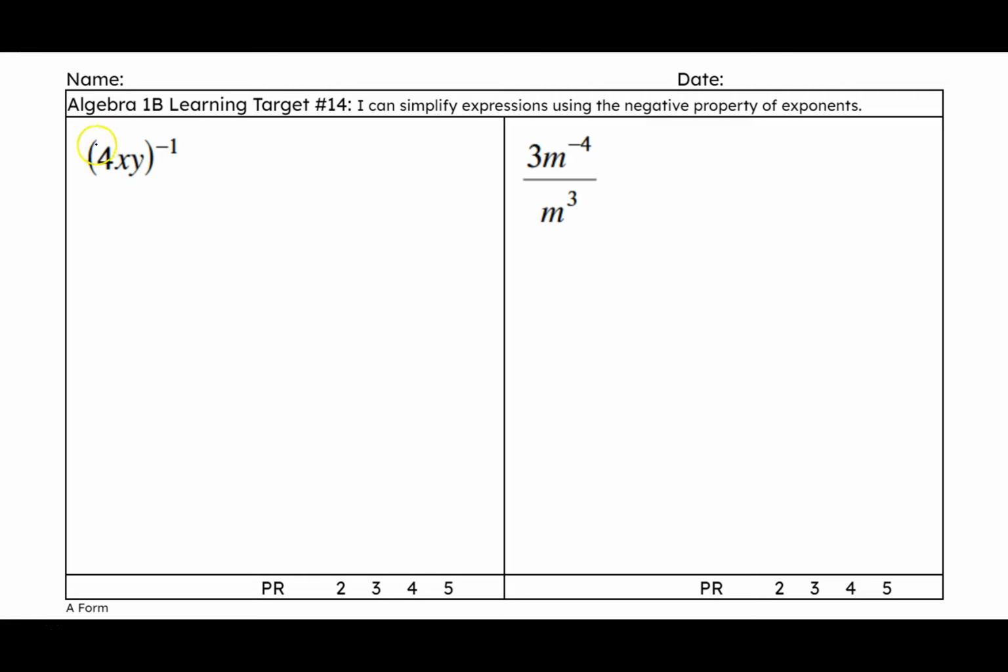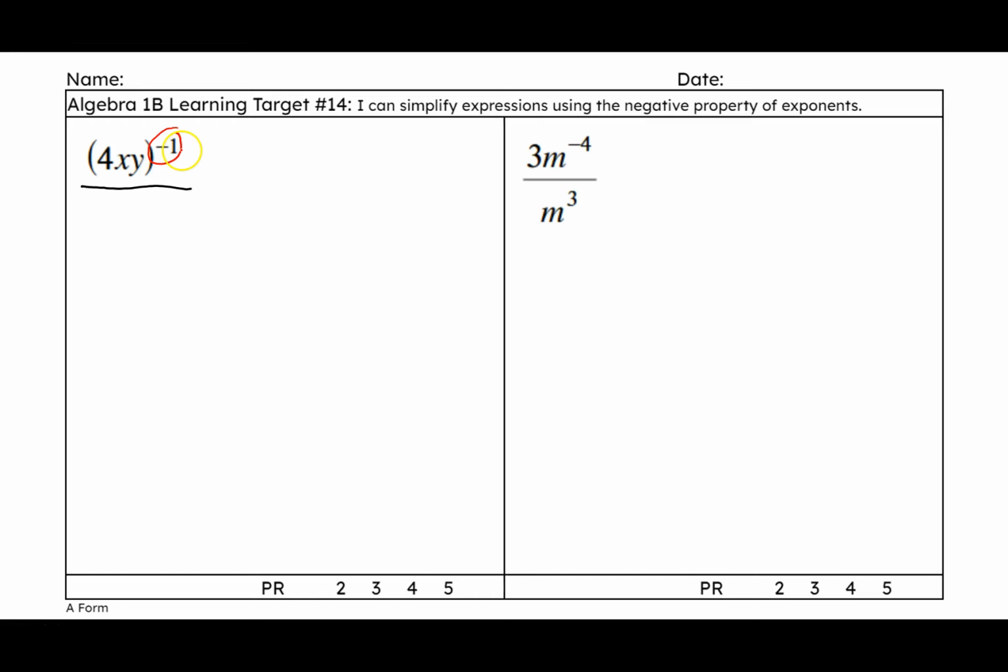So here I've got some stuff that is to the -1 power. Normally it means to multiply by all this, but now it's saying I want to divide by all of this. So we show division with a fraction bar. Boom. There it is. It wasn't there before, but you remember you can put anything to the power of 1, and there you go. So it now wants me to take this and show that it is division instead.